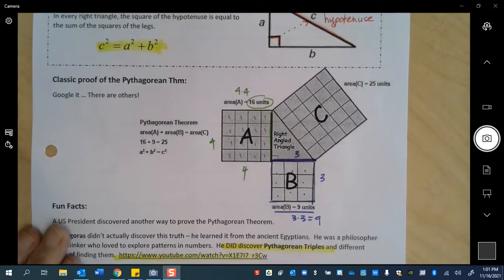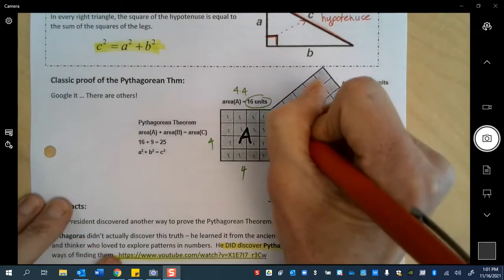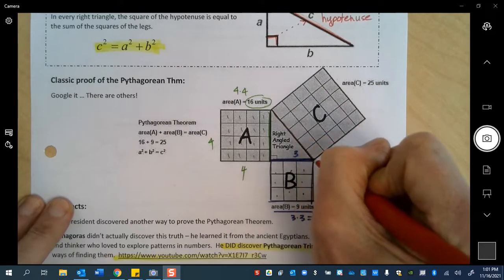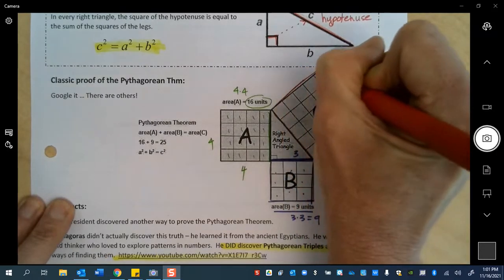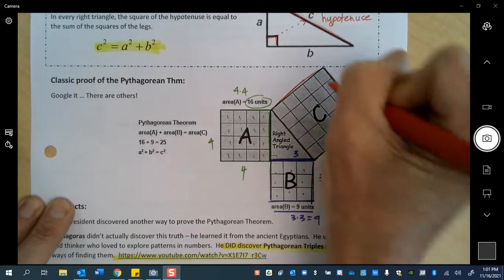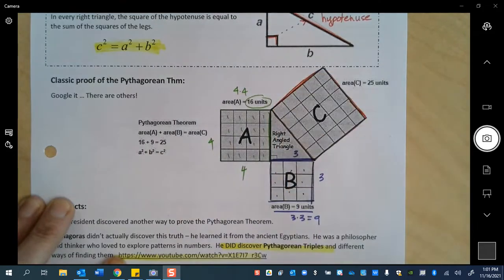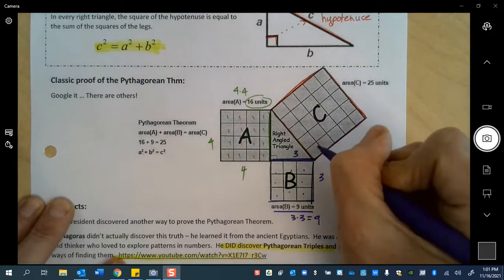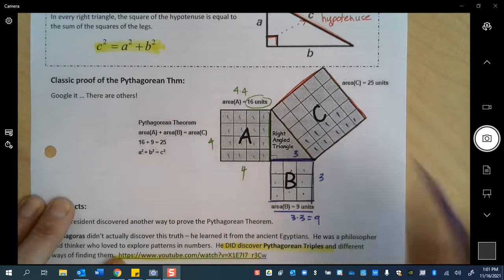Those areas, when added together, are going to add to the area created by squaring my hypotenuse. So my hypotenuse is going to be the square root, or the side length, that is equal to this area. Here's my 9 purples, 1, 2, 3, 4, 5, 6, 7, 8, 9.